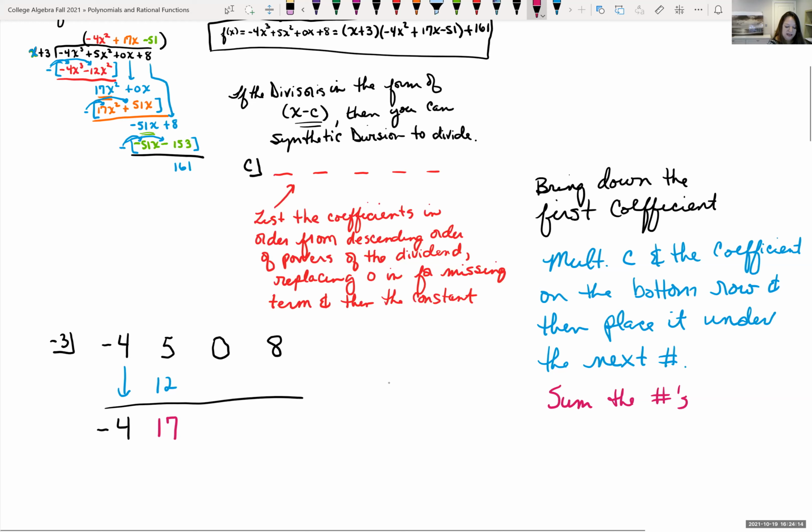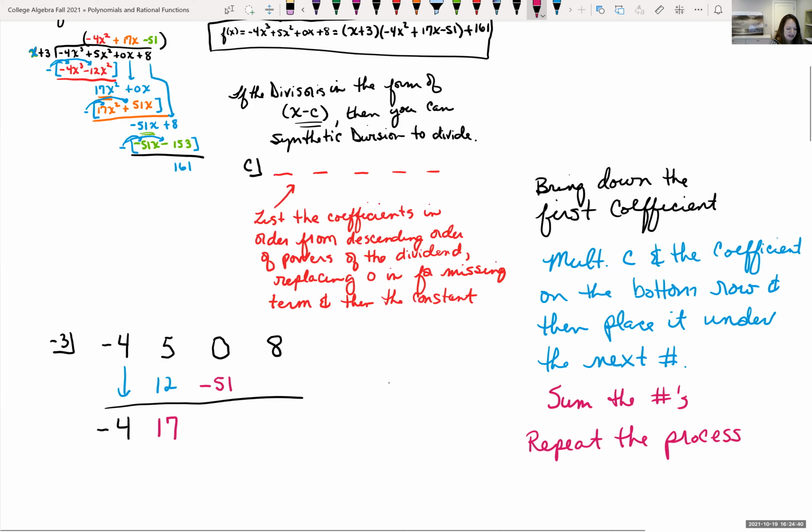And now we're going to repeat the process. So I'm going to take my C value, which is -3, and multiply it by that last number on the bottom row. So -3 times 17, that's -51. And I'm going to put that number underneath the next number.